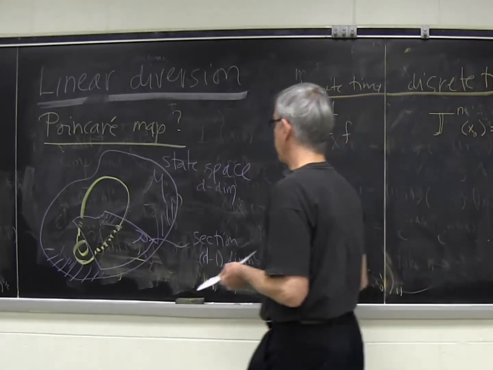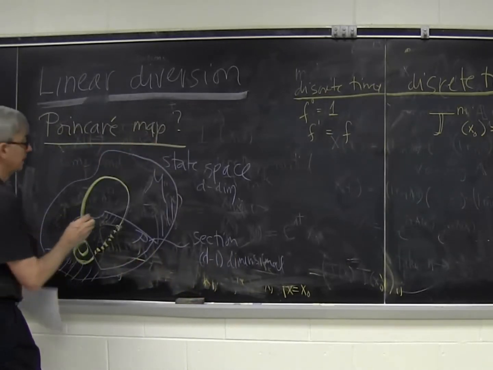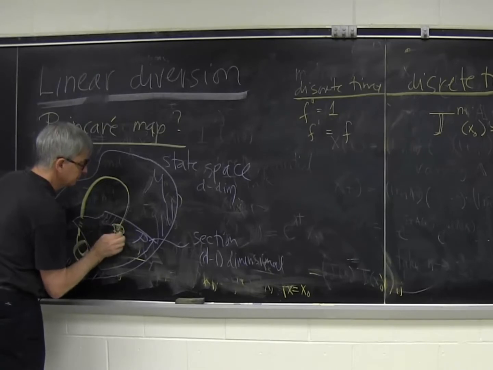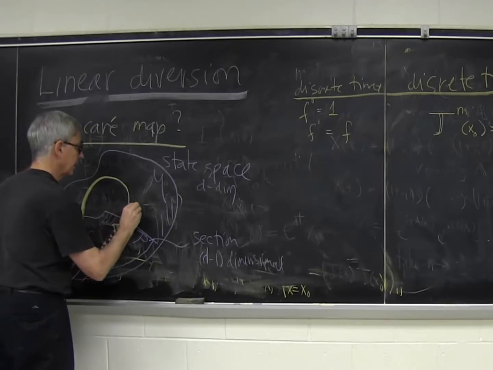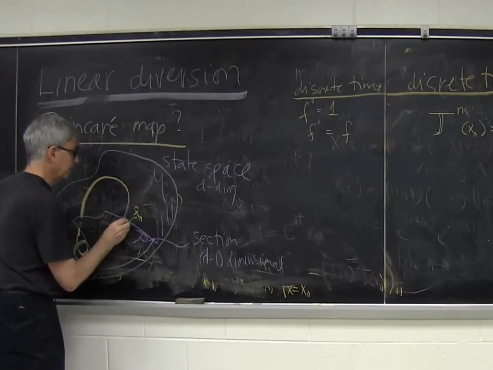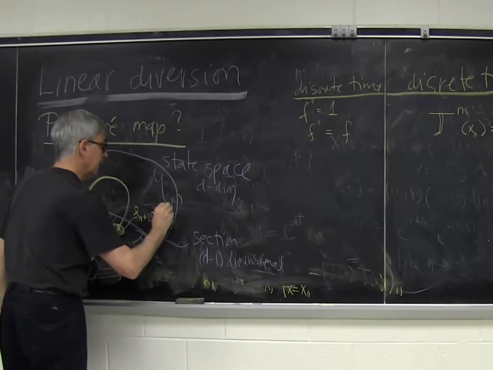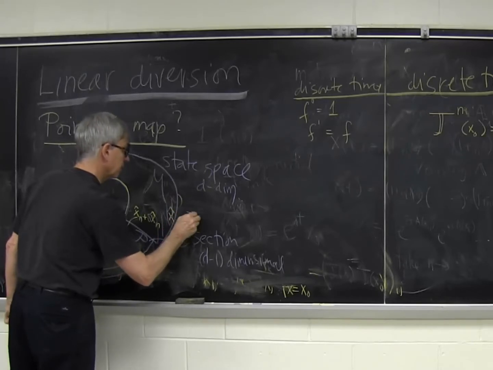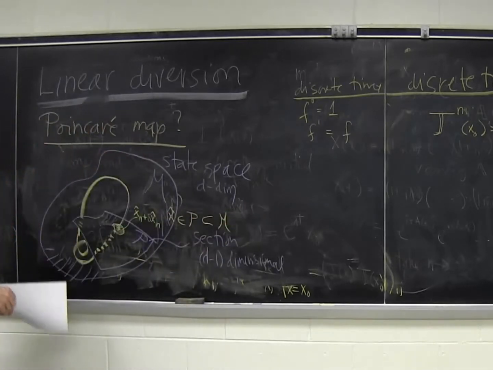Anyway, so now it's intuitively obvious that if I have a neighborhood, so I take some neighborhood in this Poincaré section. These are points. This is called x of n, the center, plus dx of n. And a hat means that anything that has a hat on it is in the section, which is embedded in the space, but it's in the section.